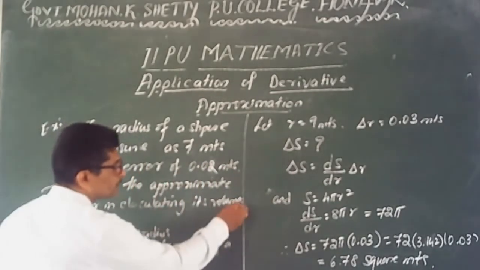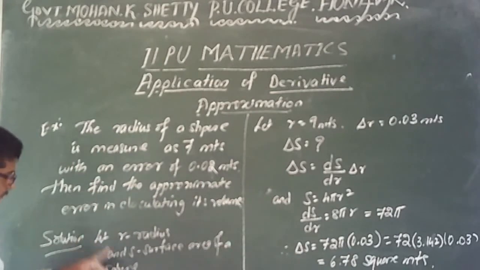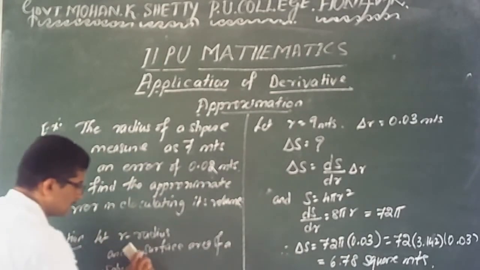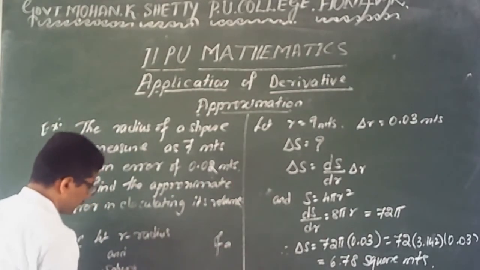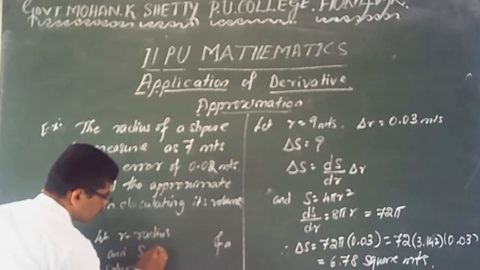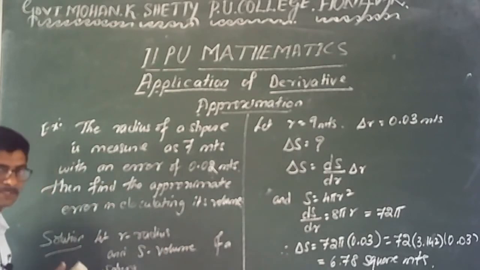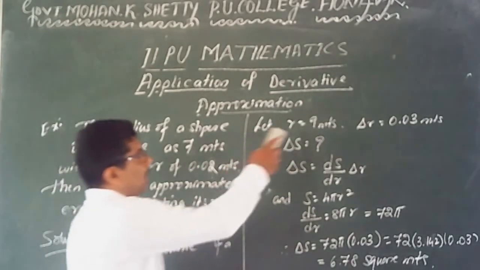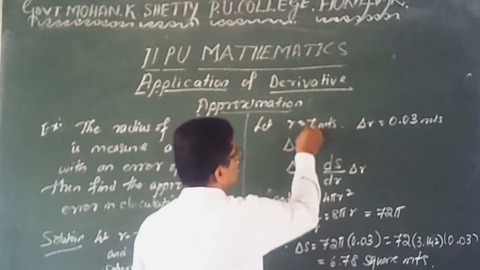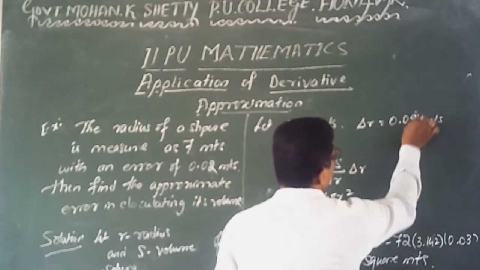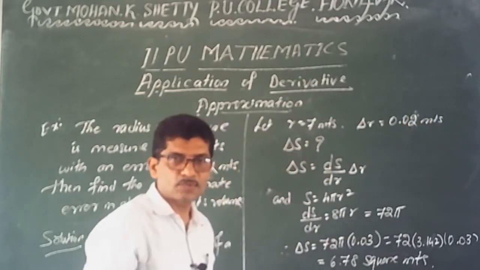In volume, what changes? The same method. R is the radius, V means volume of a sphere. R is equal to 7 meters. The measurement error is 0.02 meters.